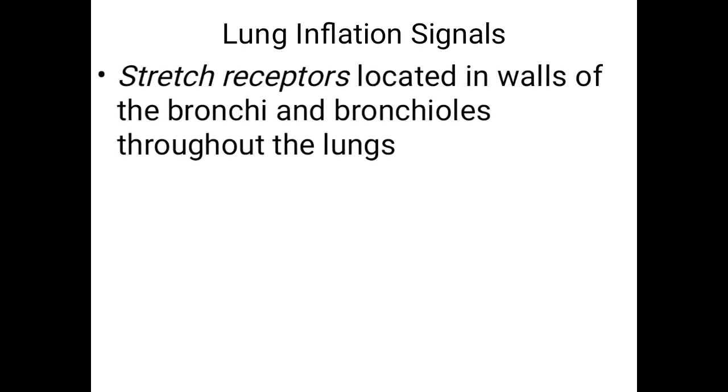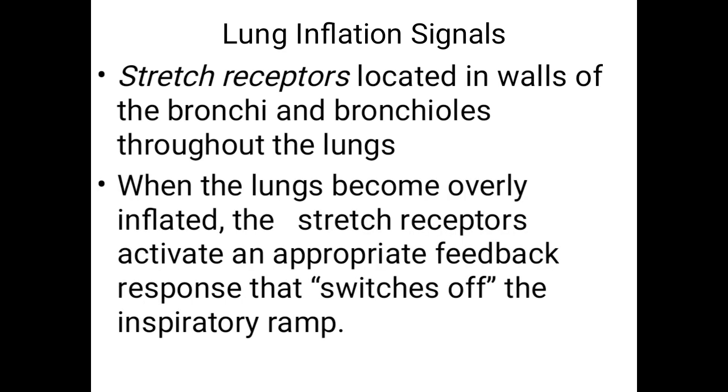Stretch receptors are located in the walls of bronchi and bronchioles throughout the lungs. When the lungs become overly inflated, the stretch receptors activate an appropriate feedback response that switches off the inspiratory ramp.